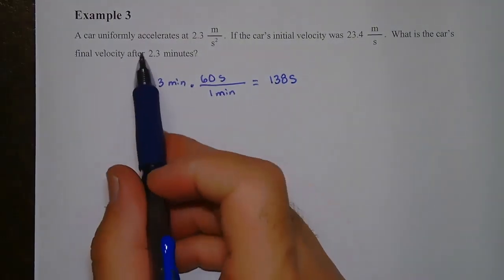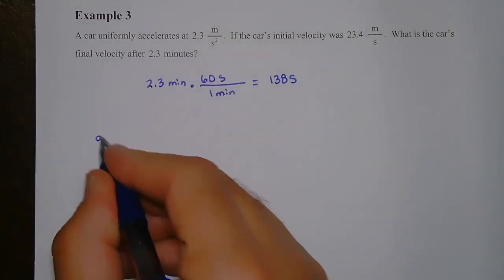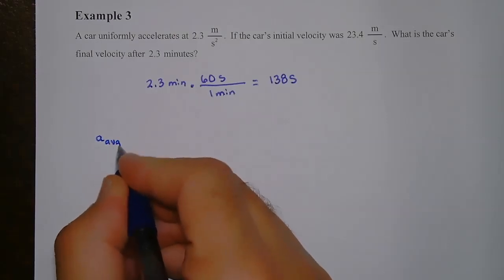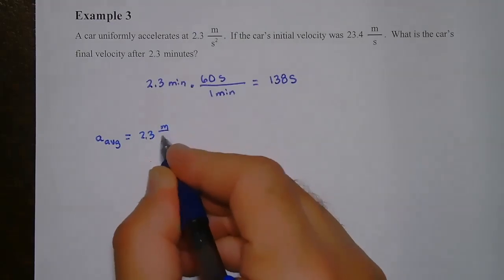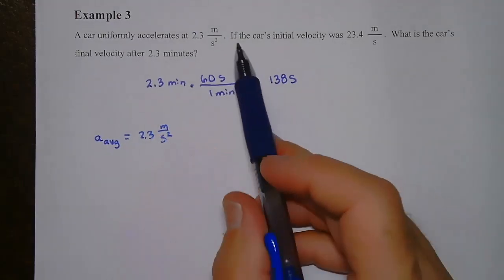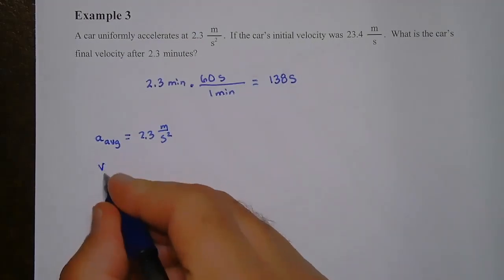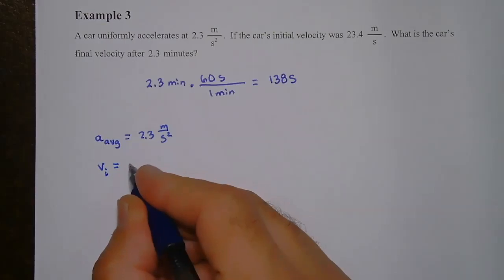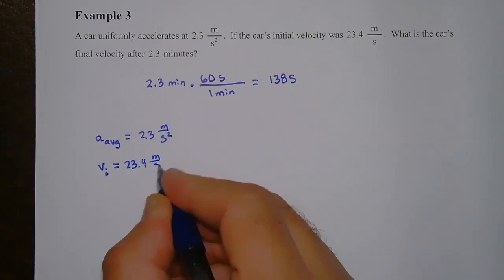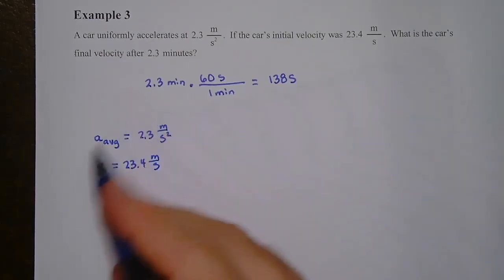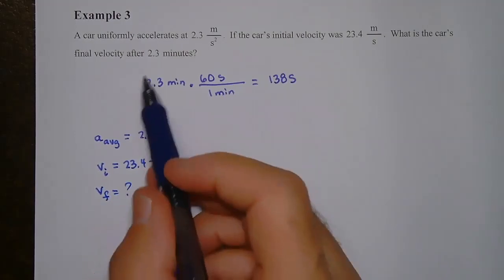Okay. So now, what is everything that we know? We know the average acceleration is this 2.3 meters per second squared. The car's initial velocity is 23.4, so that's v sub i, 23.4 meters per second. What is the car's final velocity? That's what we're trying to find, v sub f, after 2.3 minutes.